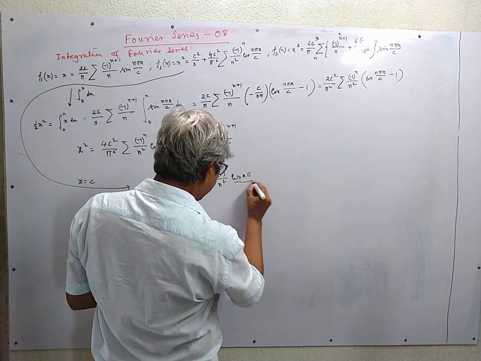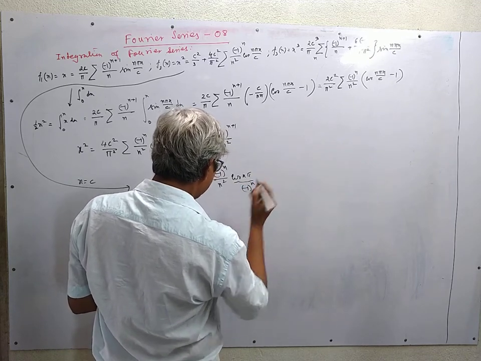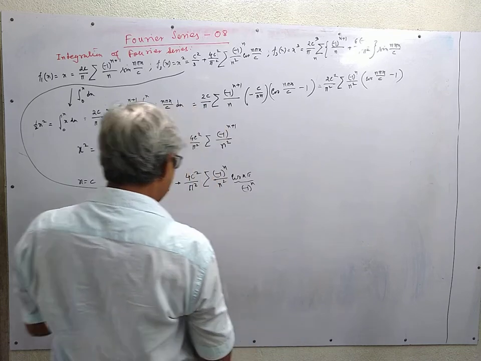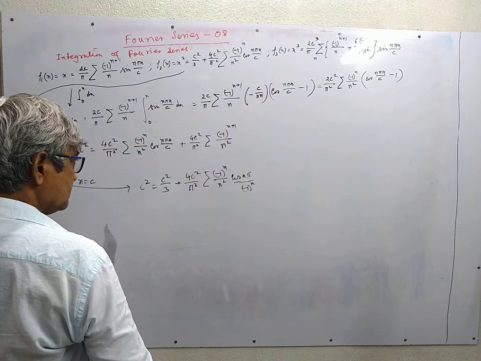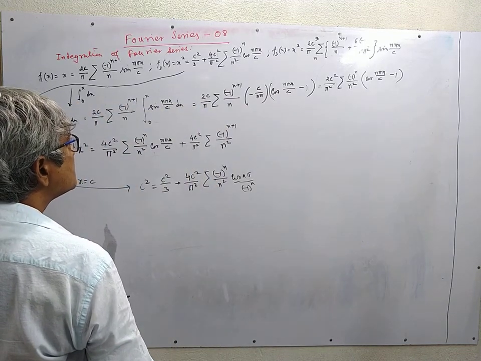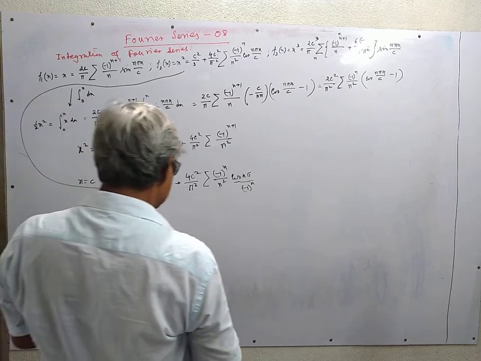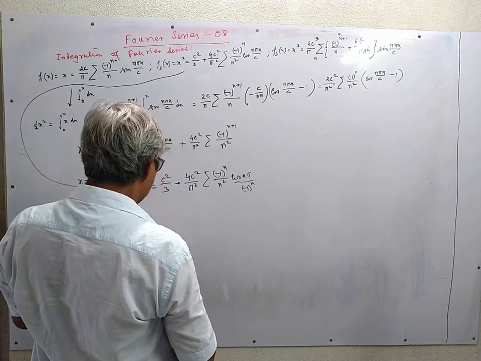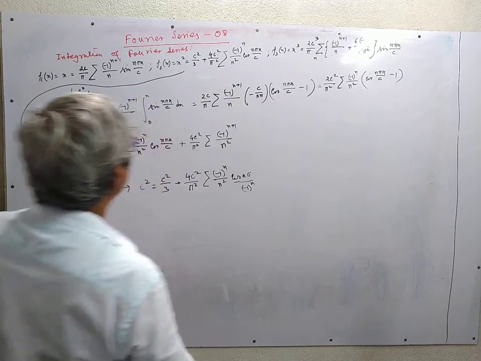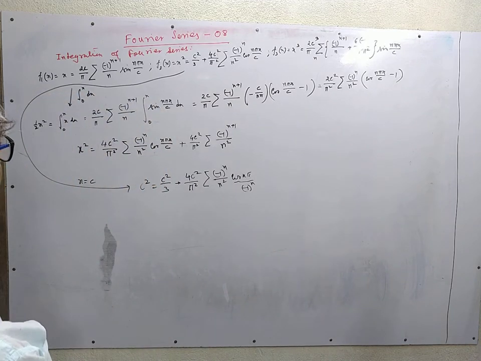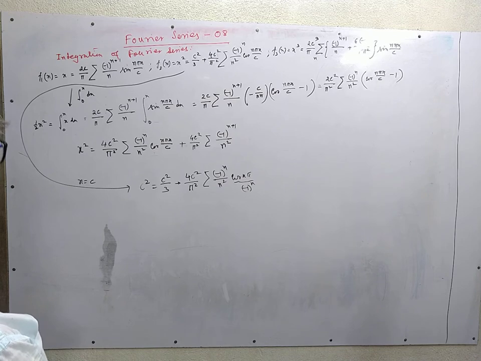This is equal to minus 1 to the power n. So no, that will not work. I have to find out x is equal to 0. No, this will not work. Let me think a bit.